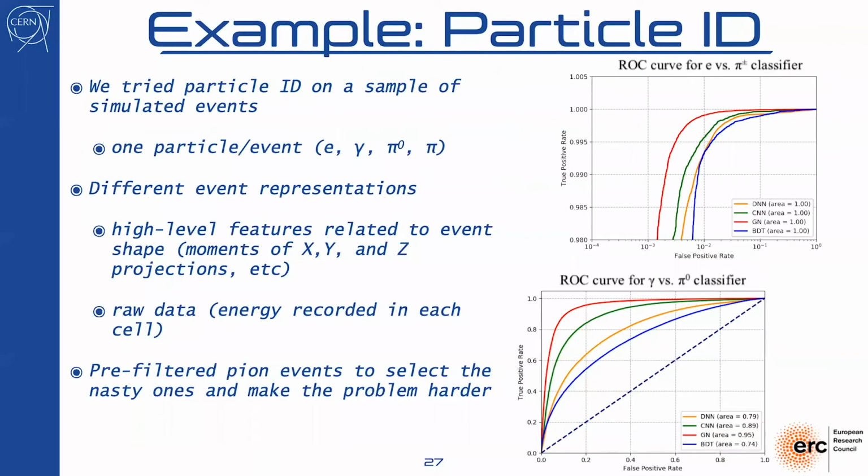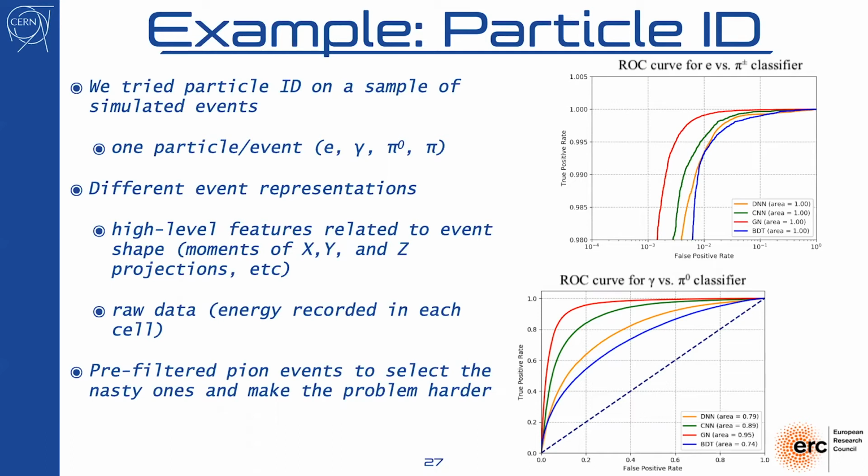We tried, for instance, electron versus pion classification, or photon versus pi zero classification. Here you have a comparison with BDTs and DNNs, where effectively we just took the inputs and flattened them into a one-dimensional array.